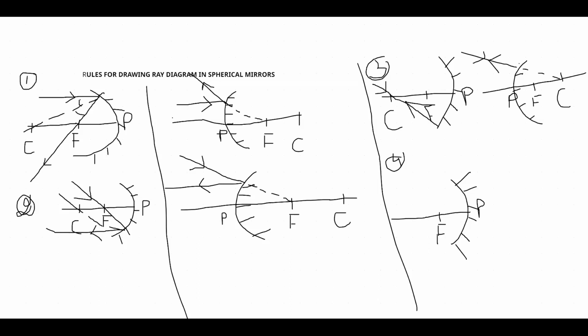So a ray of light is coming here like this. This is the incident ray, and it will be going back in the opposite direction like this. This is the pole. Okay, here again, the principal axis will be behaving as the normal. Angle I will be equal to angle R. In the same way, we'll draw for the convex mirror.